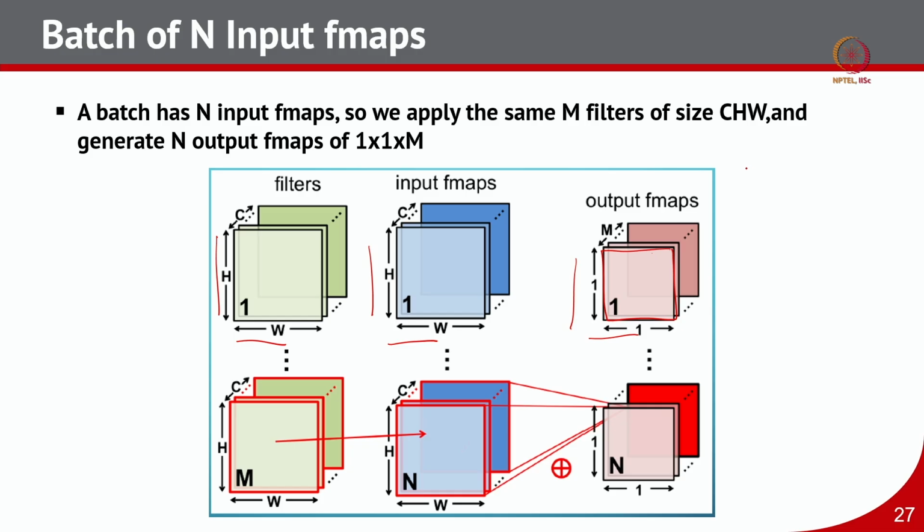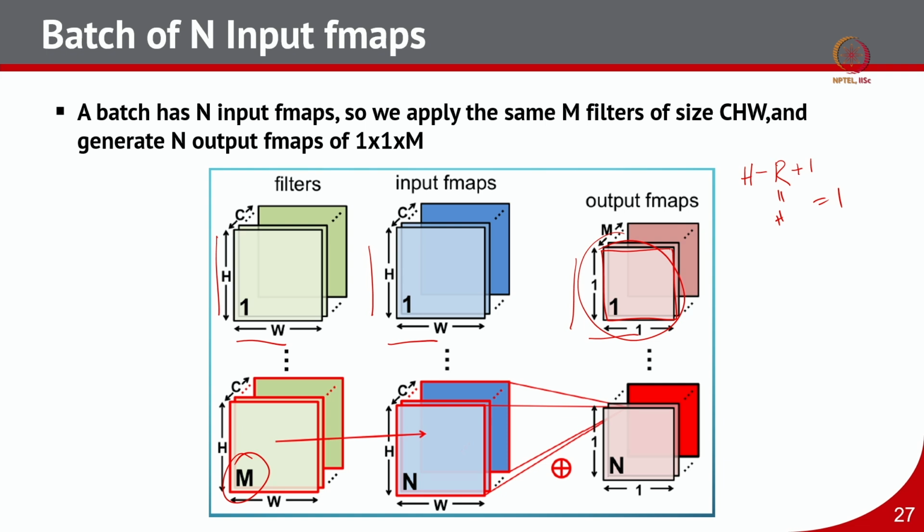If the height of the input feature map is h, and the height of the filter is r, and the stride length is 1, then this was the formula to get the height of the output feature map. Now, here r equals h, so you will get the height of the output feature map as 1, right. So, that is why you can see that there is only 1 pixel in the output feature map.